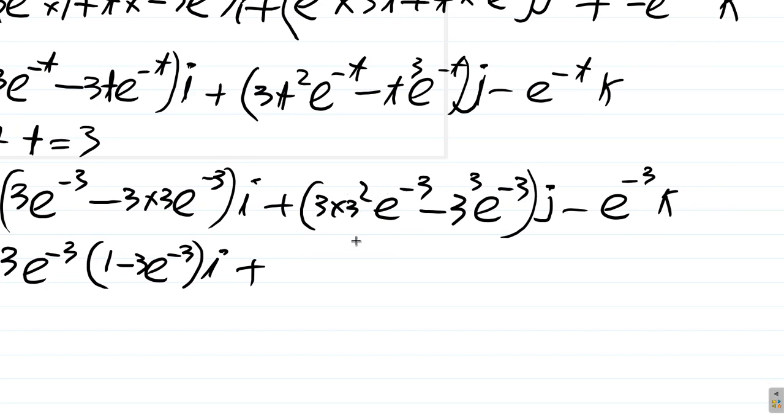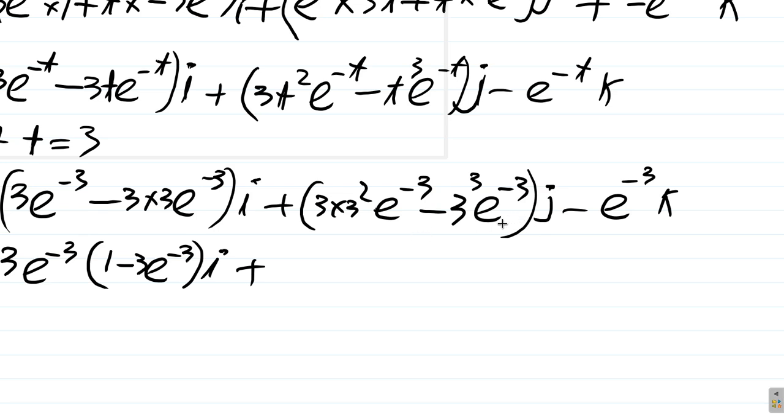You know that this is 3 cubed. But this is 3 squared times 3, which is 3 cubed e to the negative 3, minus 3 cubed e to the negative 3.